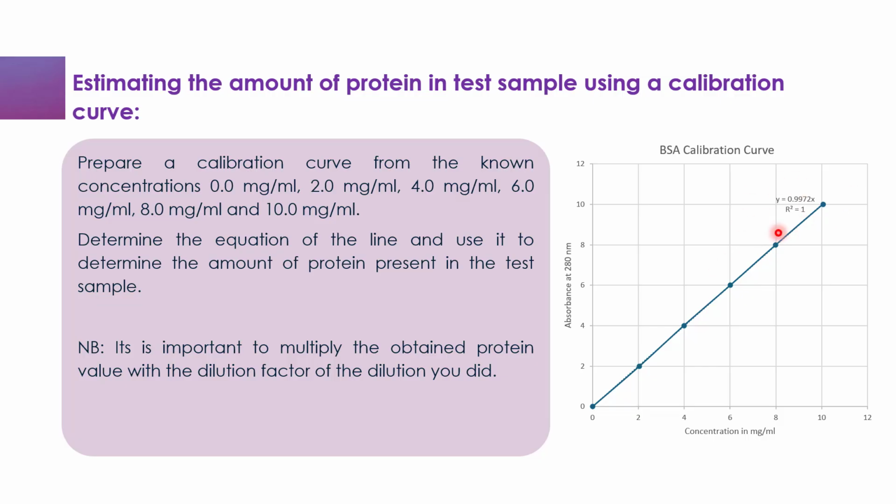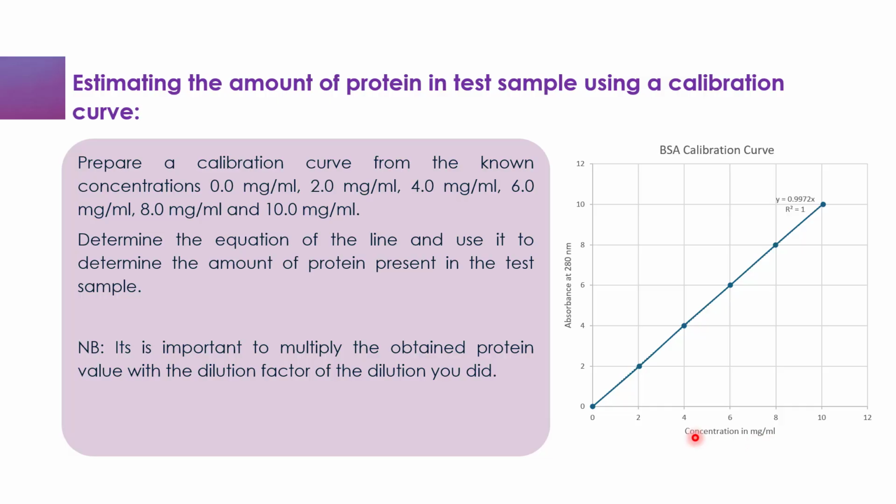From this calibration curve, we can see that the equation of the line is giving us y equals 0.9972x. Here y is the absorbance values on the y-axis, 0.9972 is our slope or the gradient of the calibration curve, and x is the known concentrations on the x-axis.